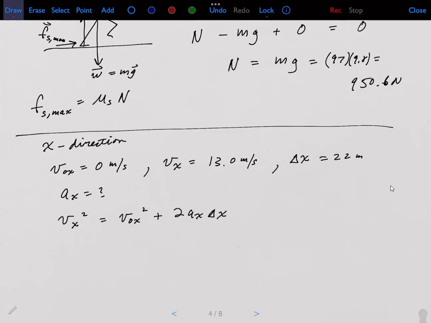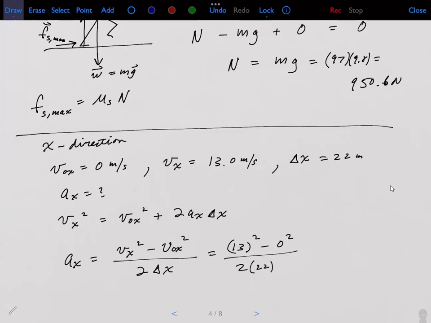If you rearrange this, we've done this a bunch of times, this is going to be Vx squared minus V naught x squared over 2 delta x. If I plug in 13 squared minus 0 over 2 times 22, that turns out to be 3.84 meters per second squared. Okay, so that's the acceleration.